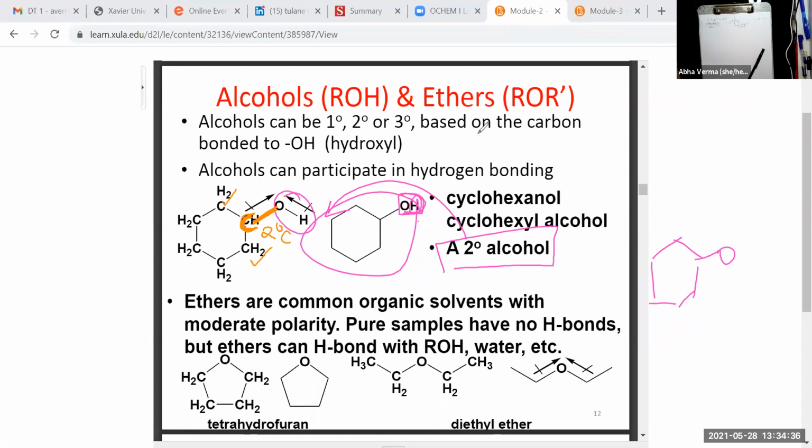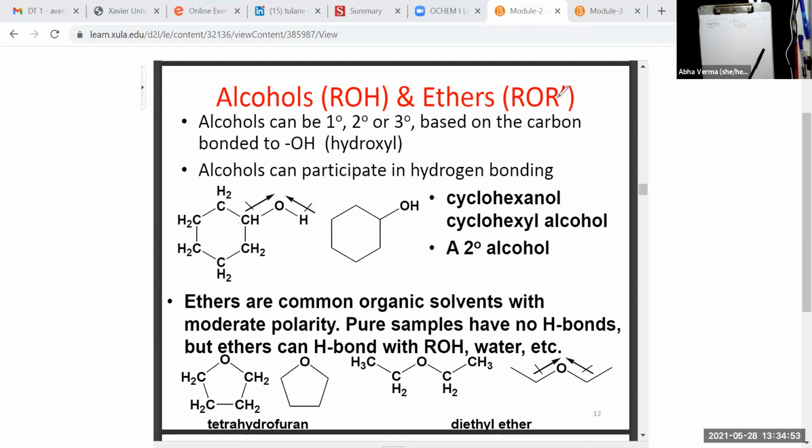Always make sure that you write your hydrogens with a non-carbon atom. So these are our alcohols. Remember this pattern, because when we do our IR, this will be very, very useful for us.